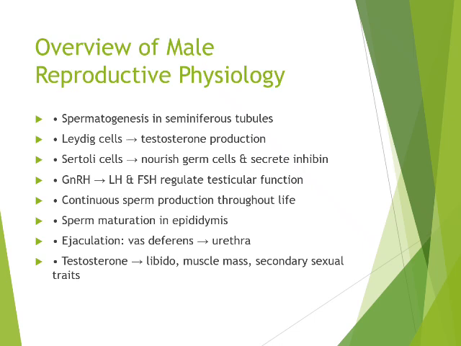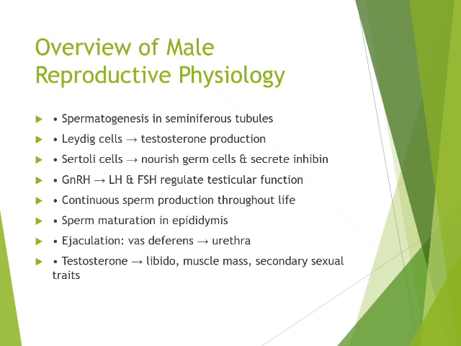Germ cells is a term for a cell which can be differentiated to sperm or ova, but in the testes it will be a sperm. And also the Sertoli cells secrete inhibin. We'll know the functions of all these hormones in the course.